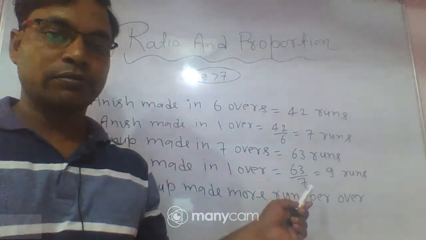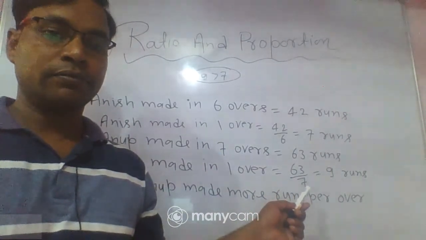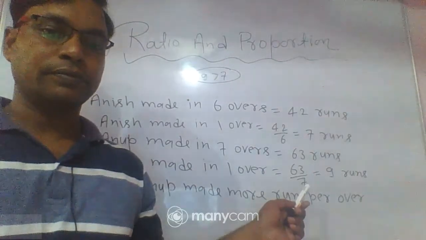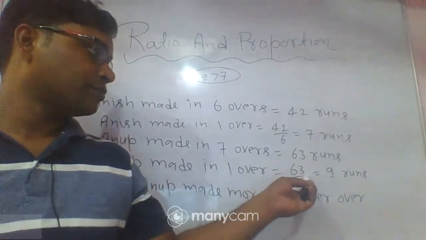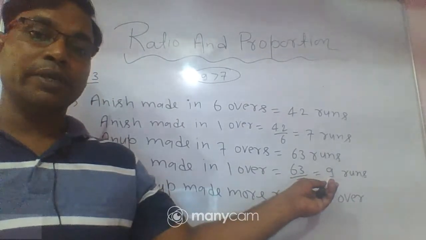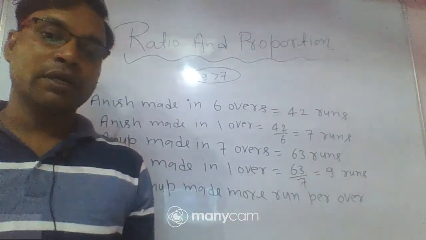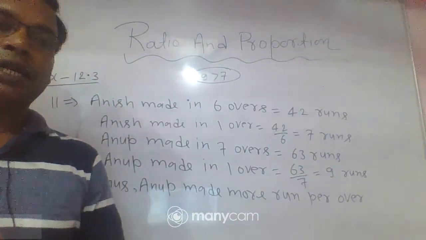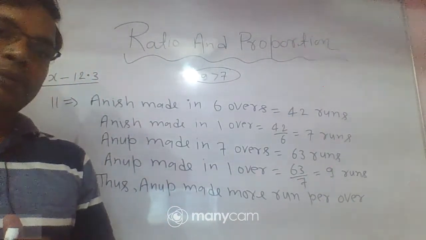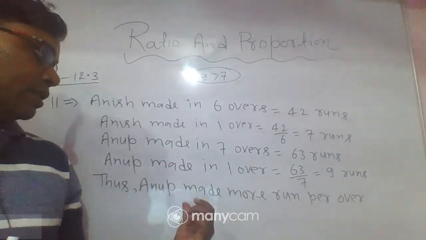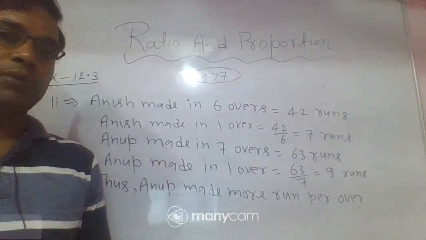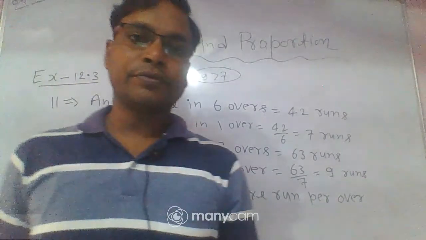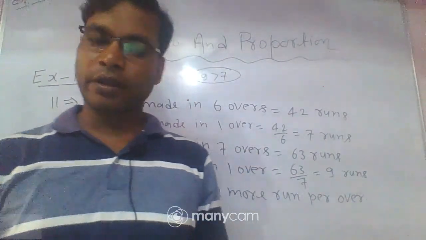So we find the number of runs made by Anup in 1 over. Anup made 9 runs per over. If you compare 7 and 9, you find 9 is greater than 7. So from the above discussion we can say that Anup made more runs per over.